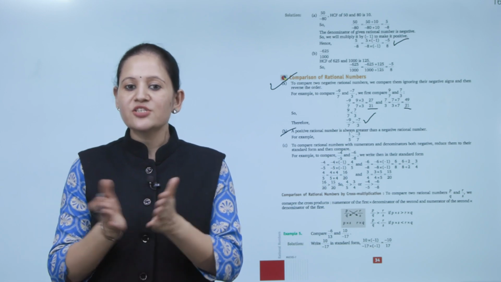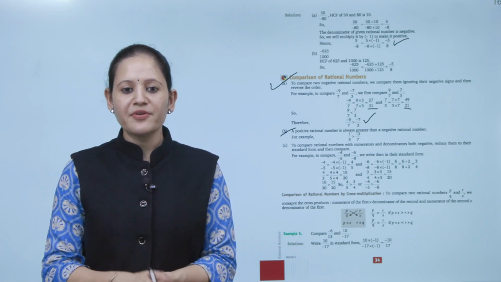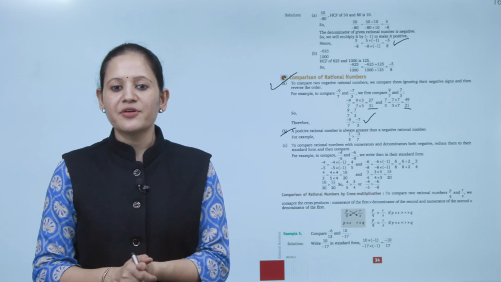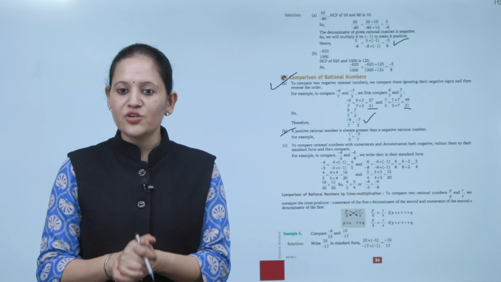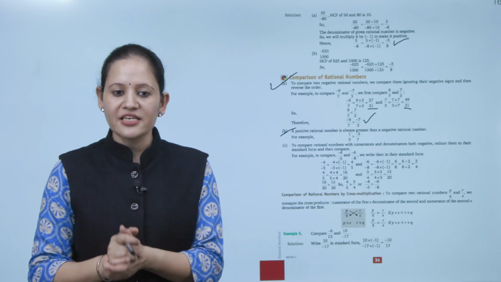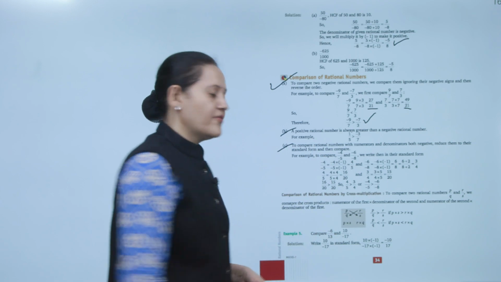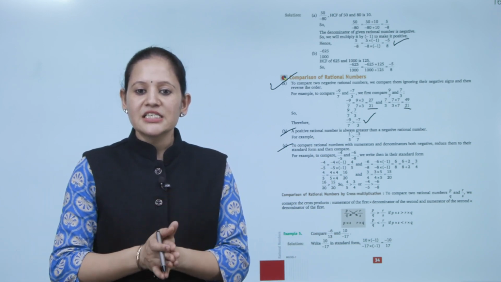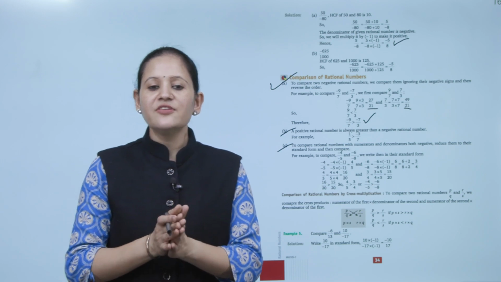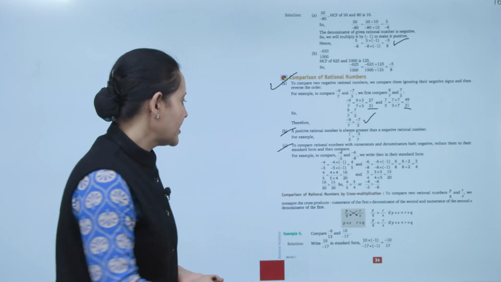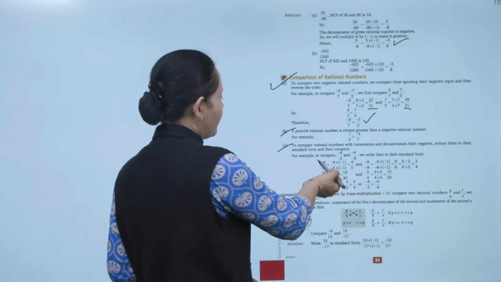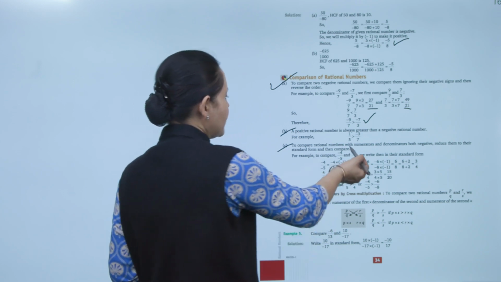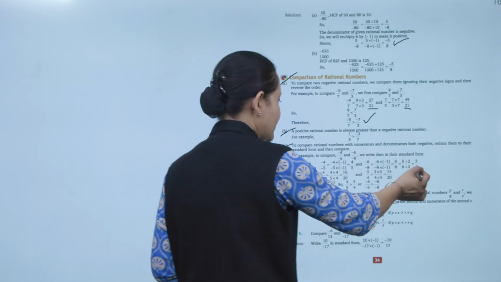A positive rational number is always greater than a negative rational number. For example, 1 by 5 is greater than minus 3 by 7. To compare rational numbers with the numerator and denominator both negative, reduce them into their standard form and then compare. For example, we have to compare minus 4 upon minus 5 and minus 6 upon minus 8. So we'll write them in their standard form. The standard form of minus 4 upon minus 5 is 4 by 5, and minus 6 upon minus 8 becomes 3 by 4.